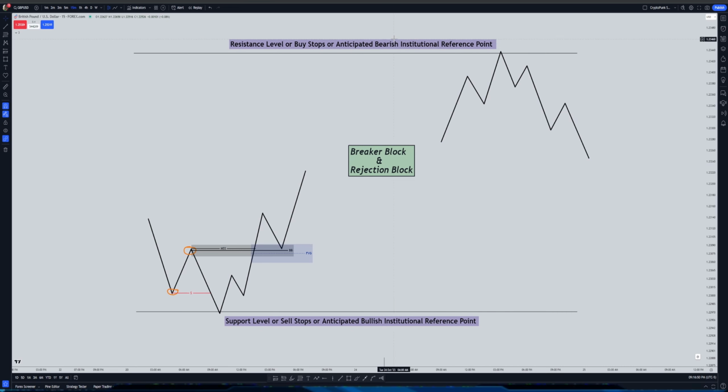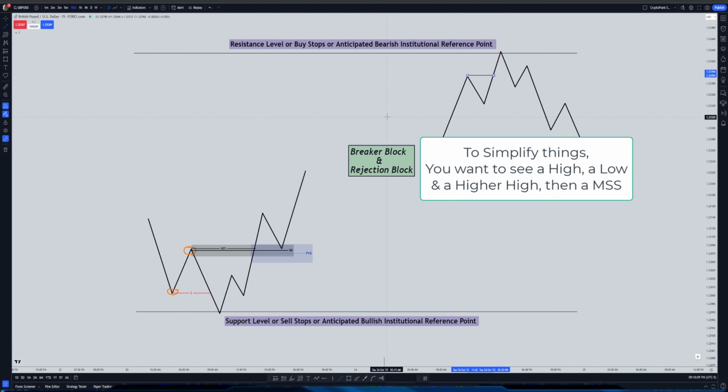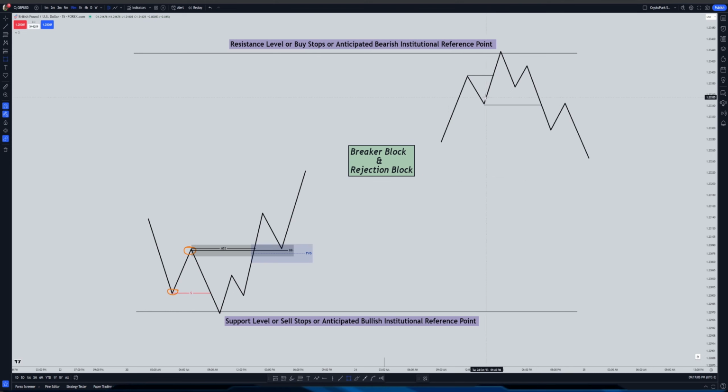The similar thing for the bearish part. And the same thing, price should grab the liquidity from its recent level or the anticipated level. It should come and close below that area. The lowest down close candle is your bearish breaker block.